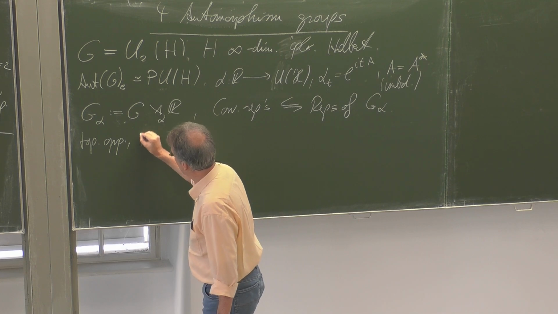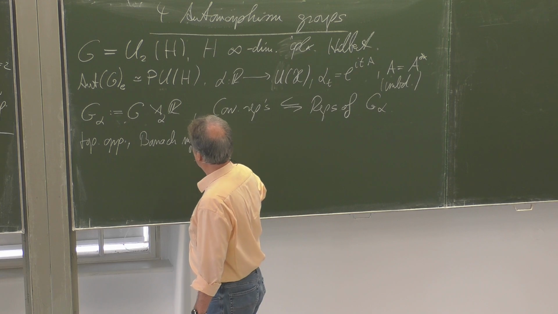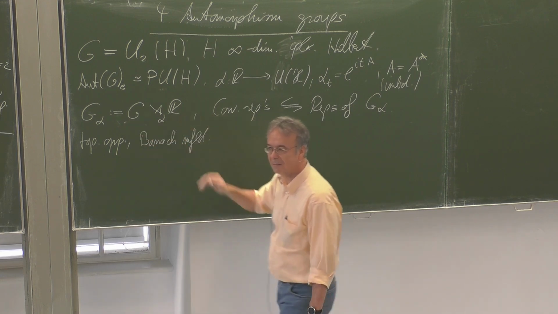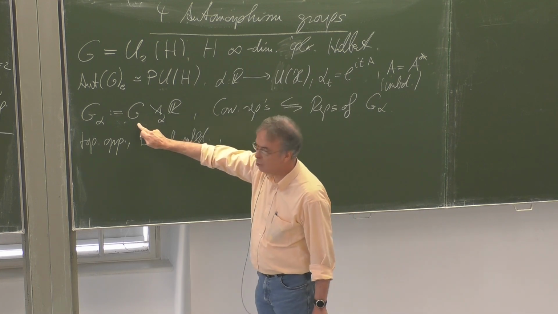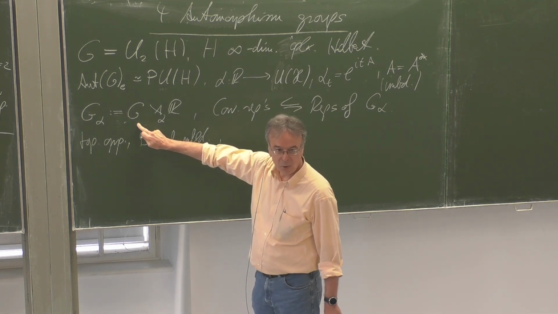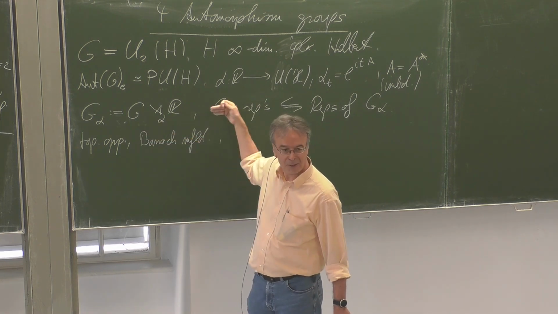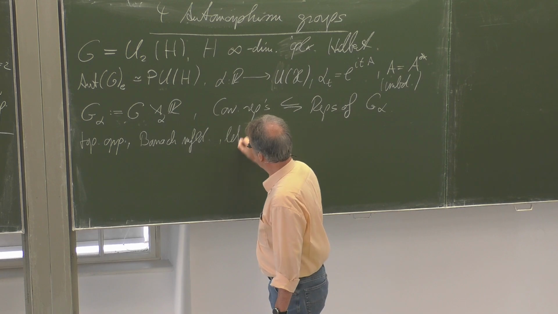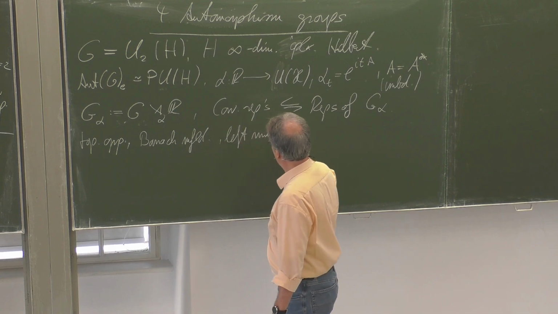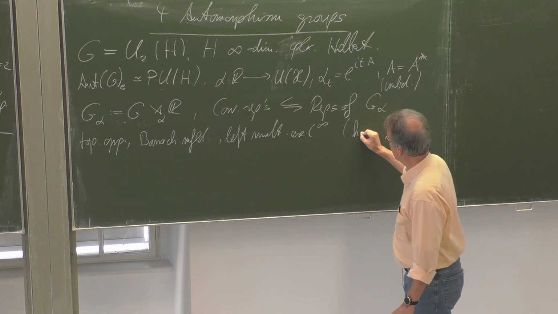So it's a Banach manifold. You see it's G times R as a manifold. But the group operation may not be smooth, and the critical part is multiplying from the right with elements of G, because then you have to get past the one-parameter group. So the left multiplications are C infinity. This is called a half Lie group.